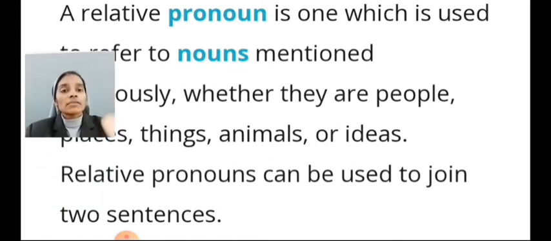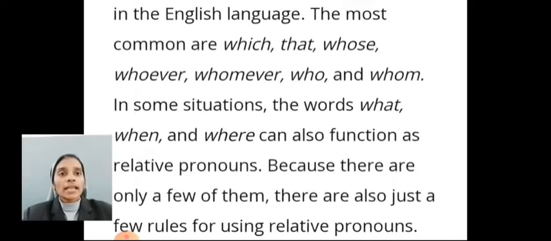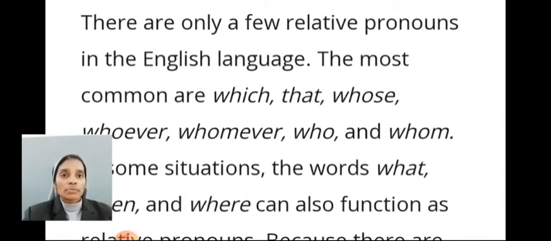See, relative pronouns can be used to join two sentences. There are only a few relative pronouns in the English language.